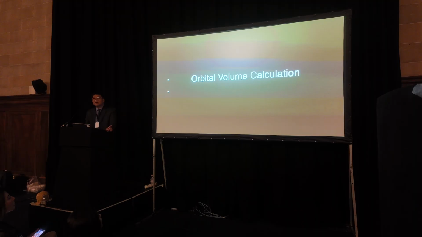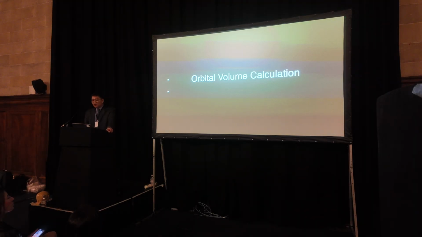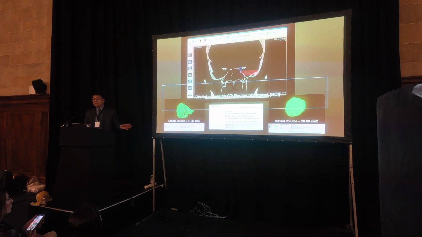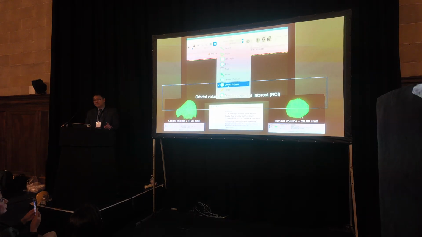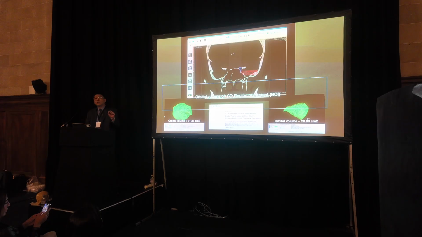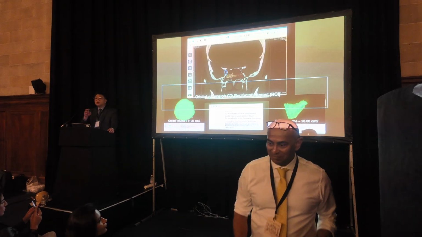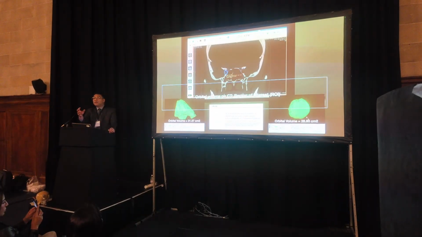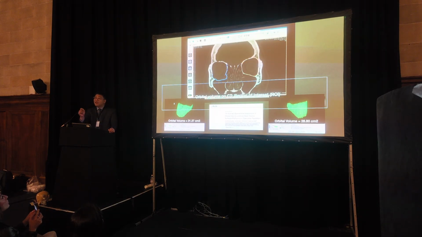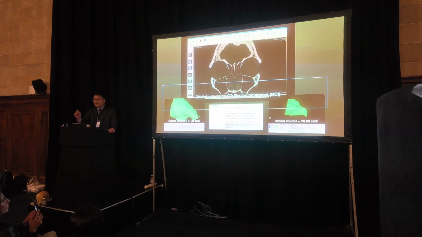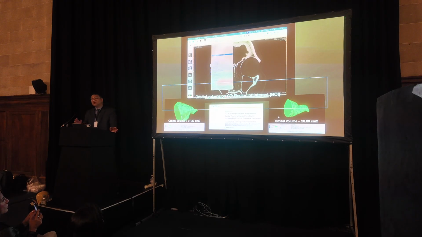The last one that is so cool is the orbital volume calculation. You can use this one for fun. In the application, you go to the mode ROI. ROI means region of interest. You set it to closed polygonal, and you start from the deep orbit to the front part of the orbit, and you label the contour and shape of the bad orbit and the good orbit.